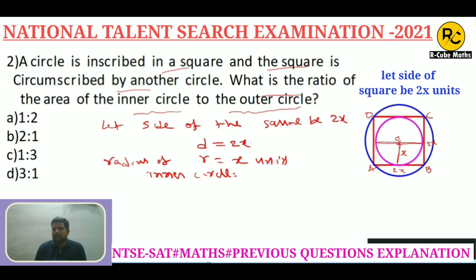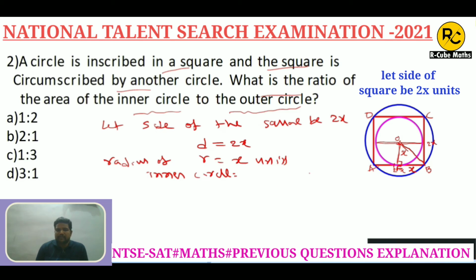Now what is the radius of the outer circle? Observe here, OB is the radius of the outer circle. OF is the radius of the inner circle, x units, and FB is also x units.